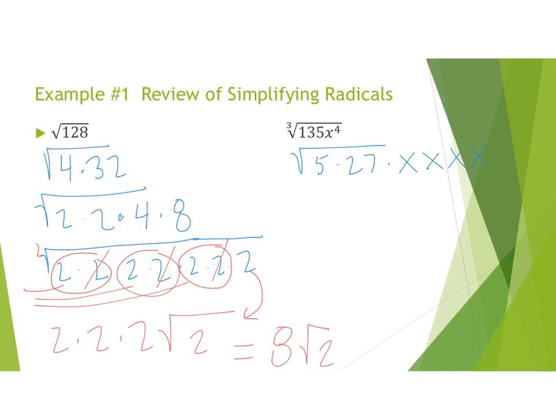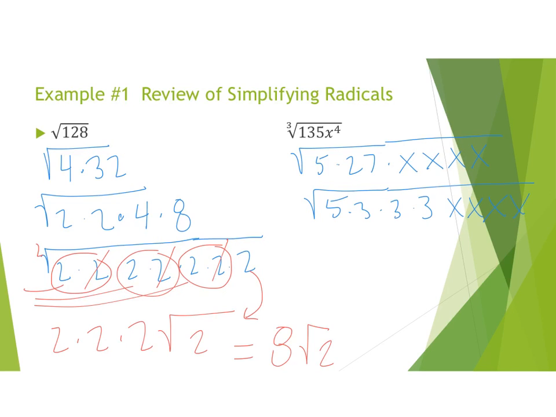You can write them out singly. Well, 5's a prime, we like that, but 27 isn't. 27 is 3 times 9. Well, I know that 9 is 3 times 3. So 27 is 3 times 3 times 3. And don't forget the 4 x's.